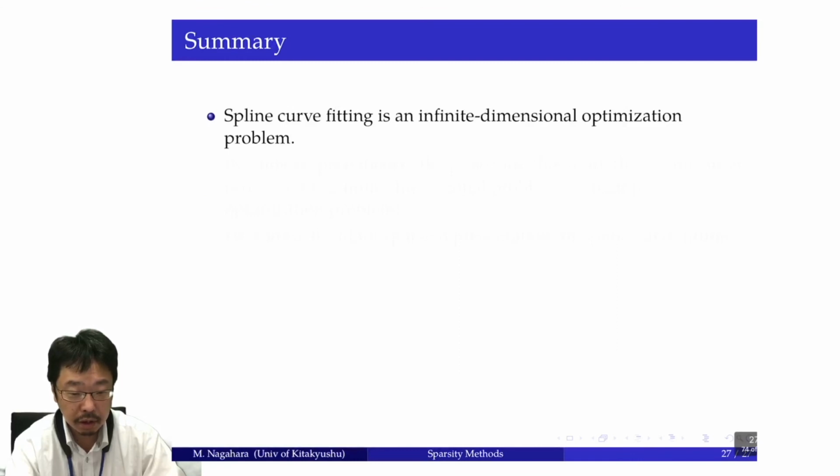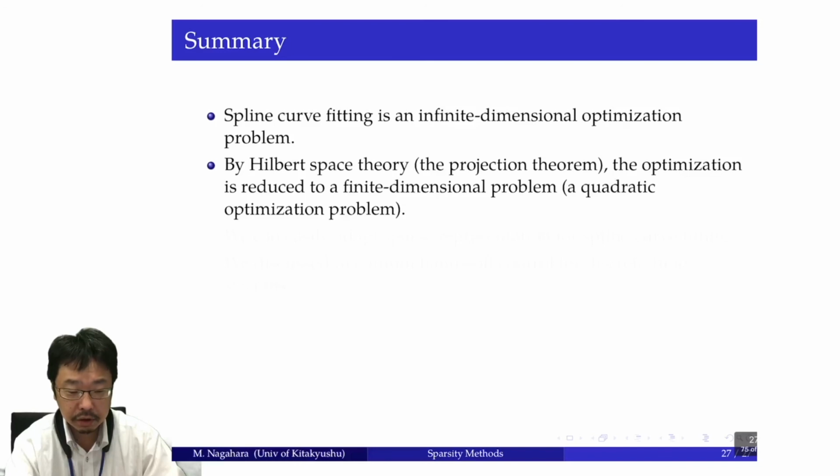Now let's summarize this section. Spline curve fitting is an infinite-dimensional optimization problem. By Hilbert space theory and the projection theorem, the optimization is reduced to a finite-dimensional problem, namely a quadratic optimization problem.